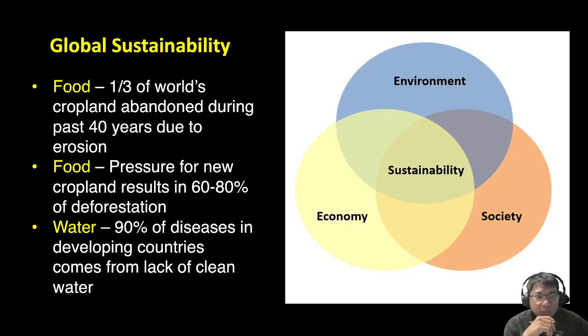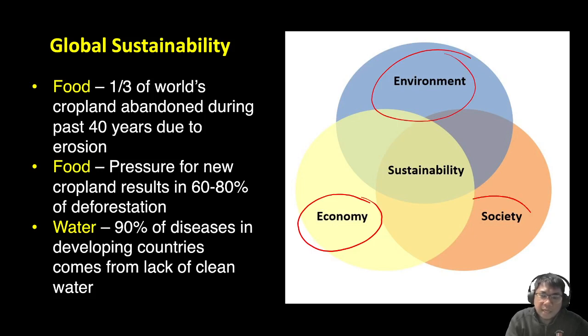Global sustainability includes the economy. There are three factors that impact global sustainability: the economy, the environment, and the society. In this course, we are going to be talking more about the environment.